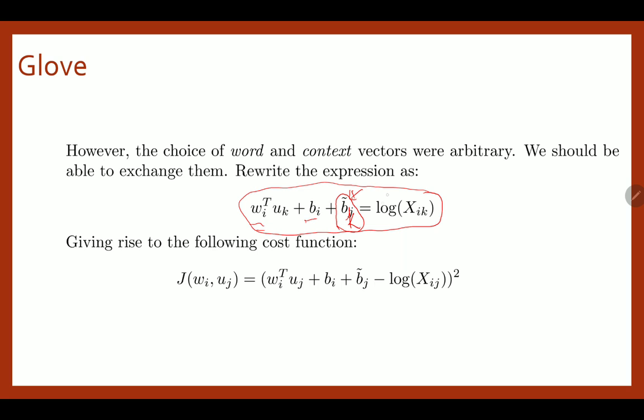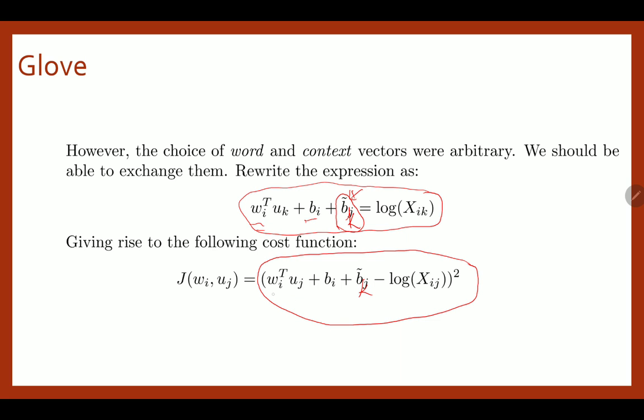To obtain these values, we define a loss function which says that we want to find w_i, u_j, b_i, and b_k tilde, such that this cost function is minimized. So it has to be as close to the log x_ij.